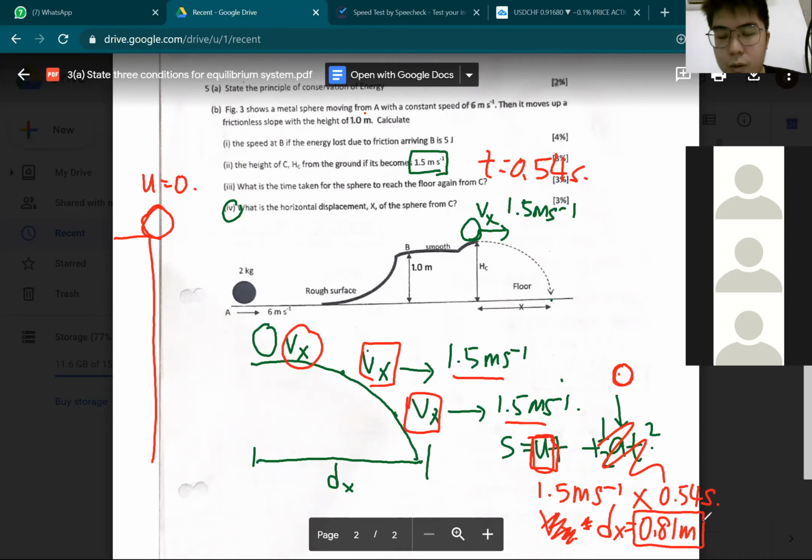This is how we calculate the horizontal displacement, so that you know when you are moving at a certain speed, how far can you go in the horizontal distance when you are falling? How far can you reach?